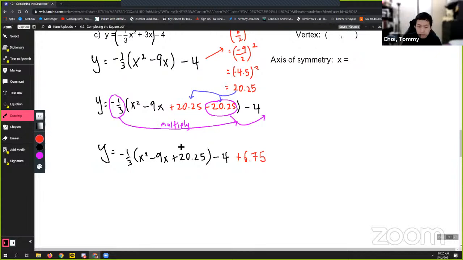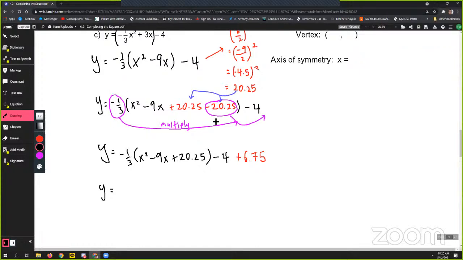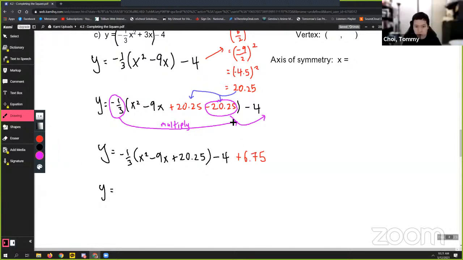Then from here, we can now factor inside the bracket. And then we're going to simplify this as well at the same step. Okay? So that's going to save us a little bit of time here. Wait, mister, what did you multiply again? So if you see here, I'm multiplying -1/3 and the -20.25. So that's why I drew the arrow here to multiply, to show that I'm multiplying.